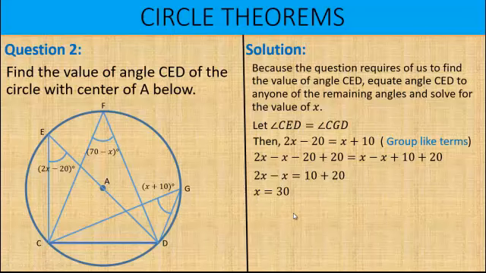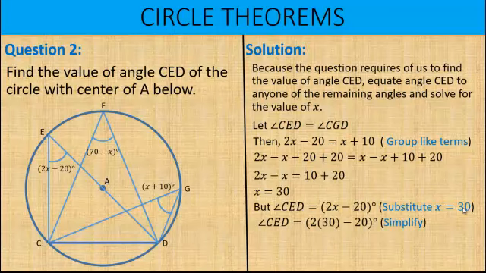Therefore, you have to substitute 30 into 2x minus 20. Angle CED is equal to 2x minus 20 all degrees. So wherever you find x, put in 30, and you know that 2x means 2 times x, and therefore it will be 2 times 30.